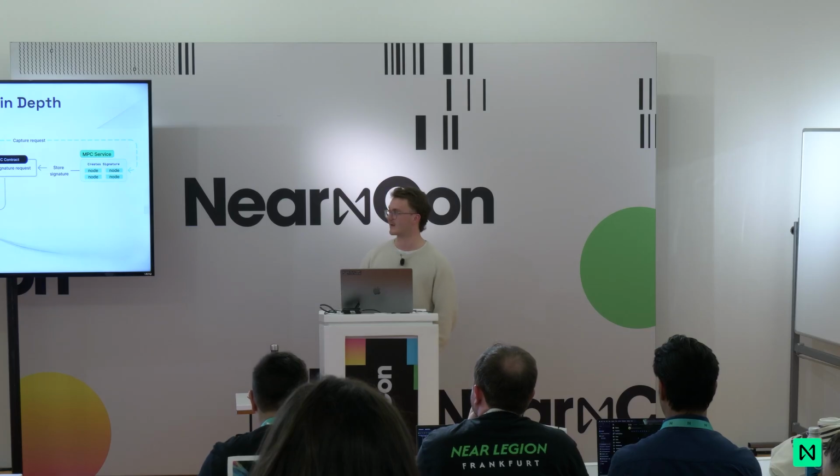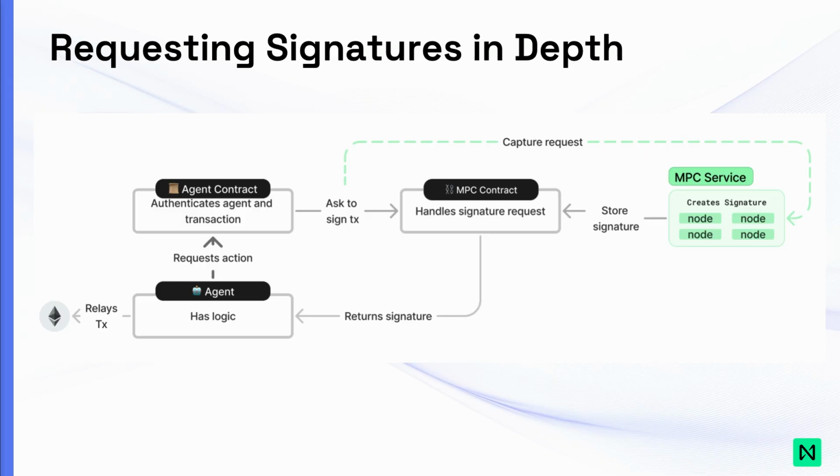And to go into how this signing actually happens, if you've ever heard of chain signatures, it's basically a service on NEAR that operates on multi-party computation. So when the transaction is authorized and the agent's authorized, it'll make a cross-contract call to this MPC contract, which is a contract on NEAR backed by a load of individual nodes that will give you a signature share for your transaction.